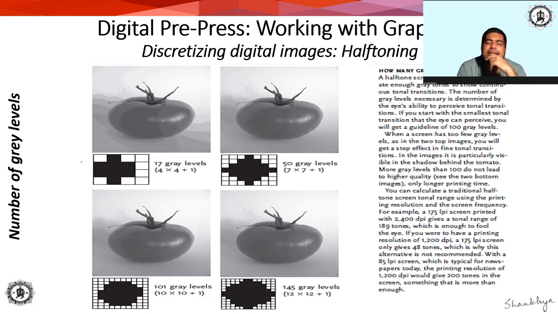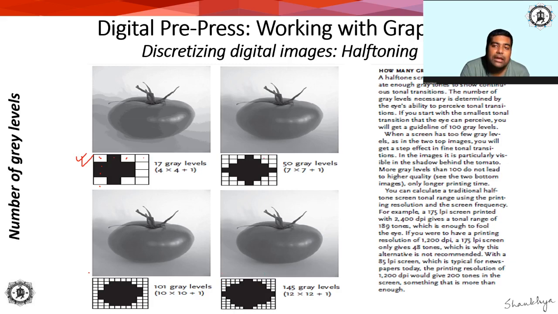So the same image has been reproduced using 4 CTPs. In the first case there were 1, 2, 3, 4, so 4 by 4 was the resolution of the CTP. In this case it was 7, here it was 12, so 12 by 12, and in this case it was 10 by 10.